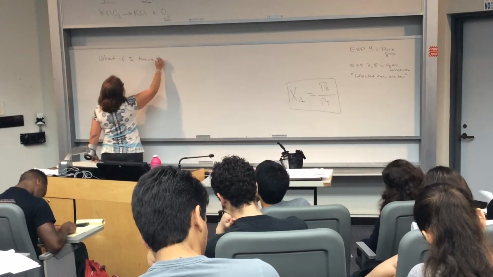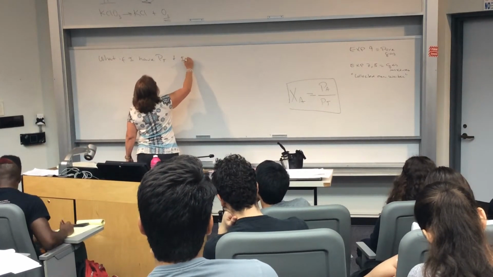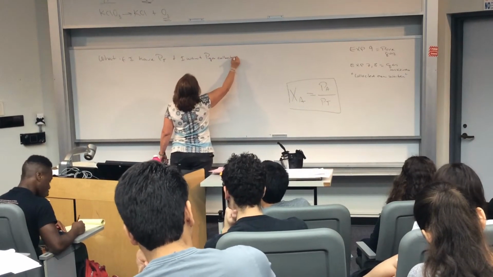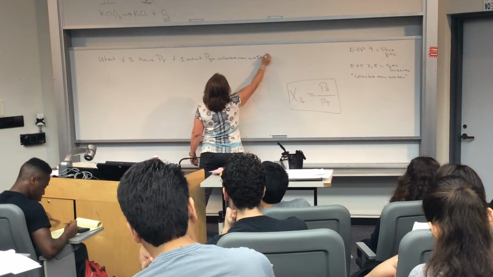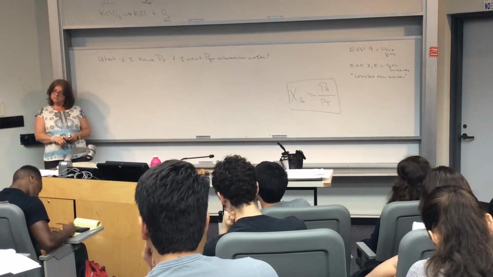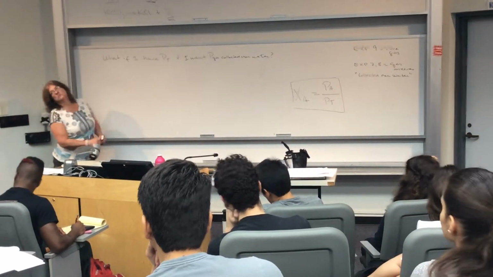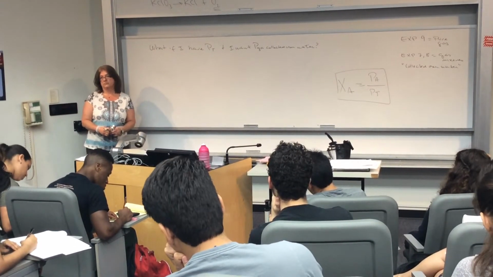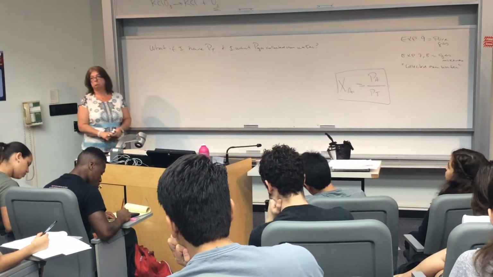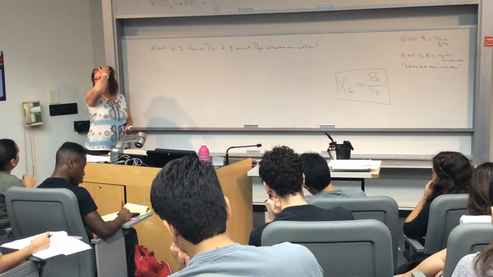What if I have P sub T and I want the P of a gas collected over water? What if I have a total pressure and I want the pressure of a gas collected over water?